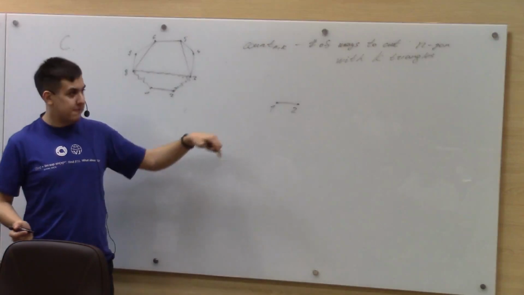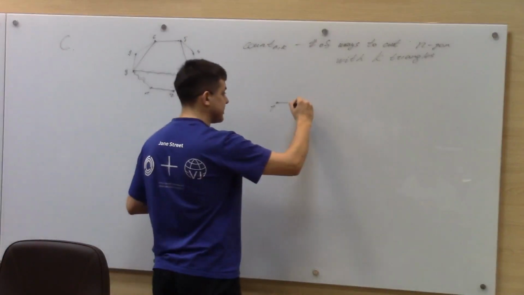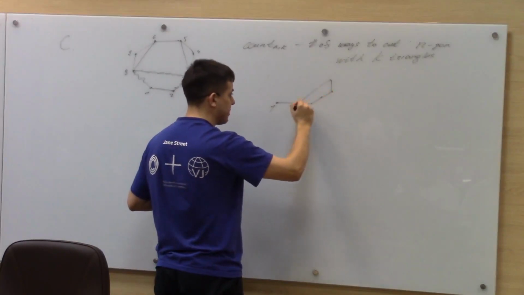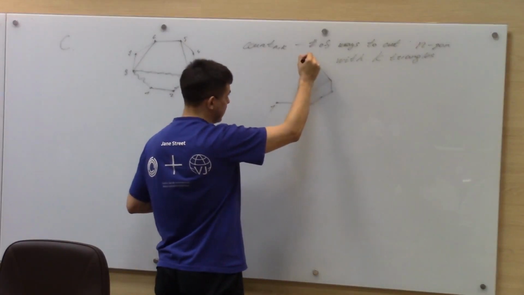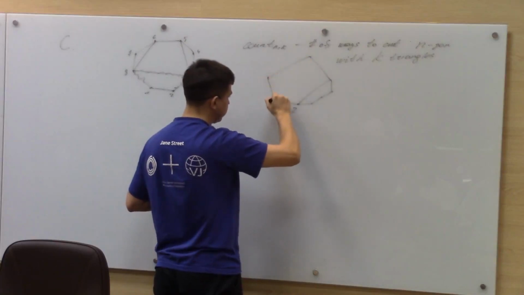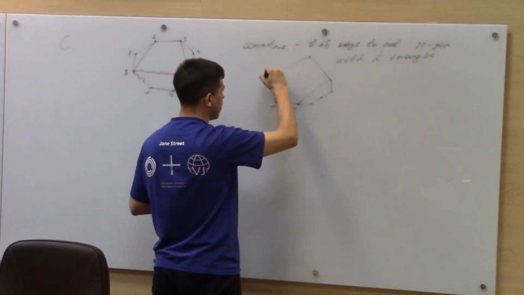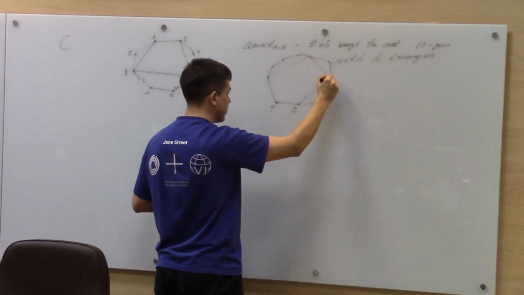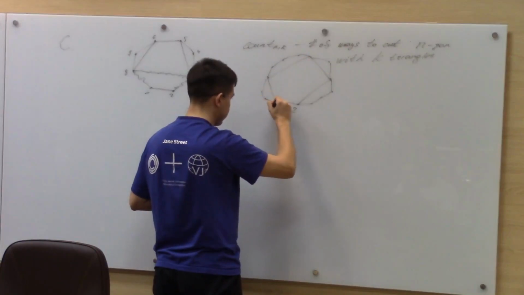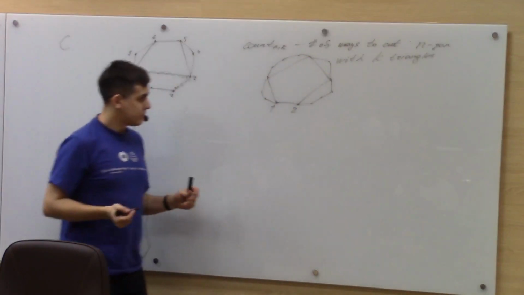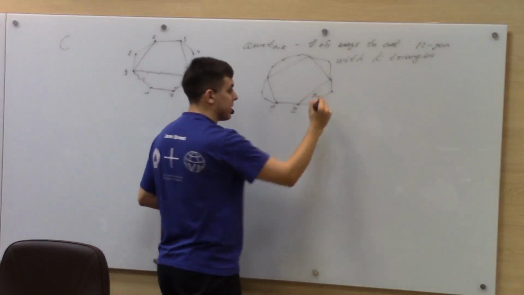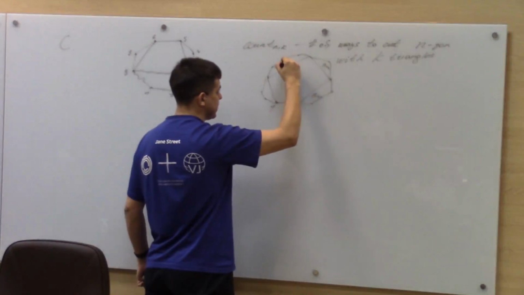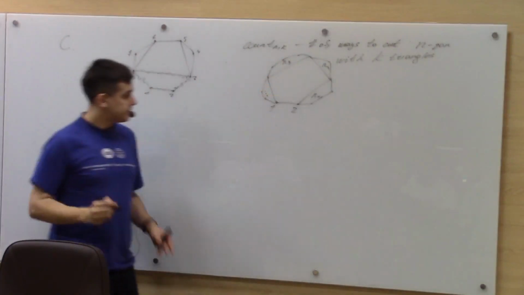And if we look at the face it belongs to, then it cuts some parts of the outside polygon. So here we have n1 vertices, here we'll have n2 vertices, n3, and so on.